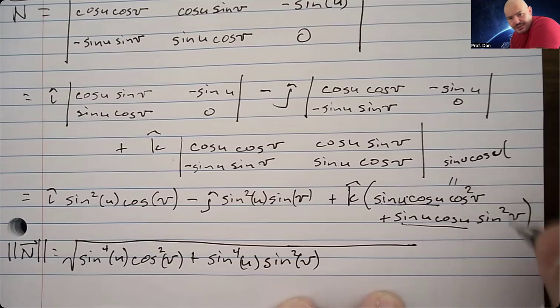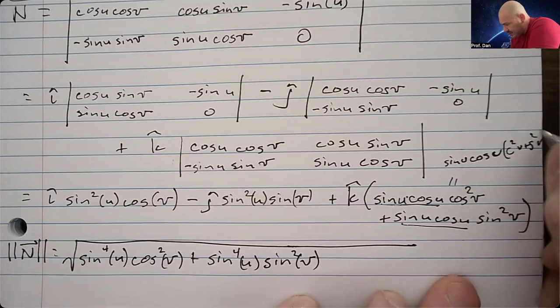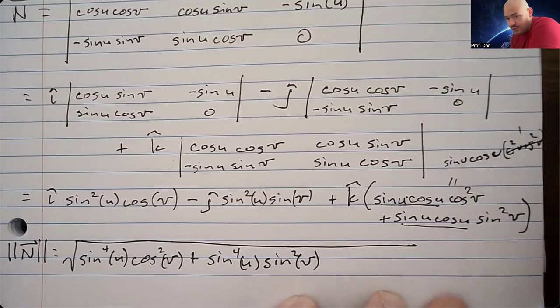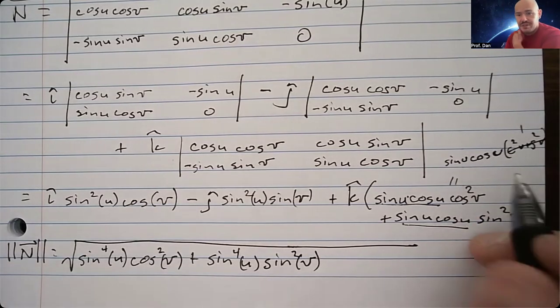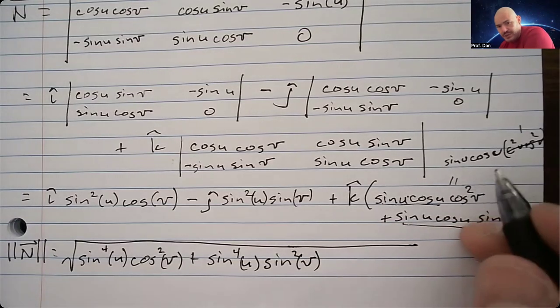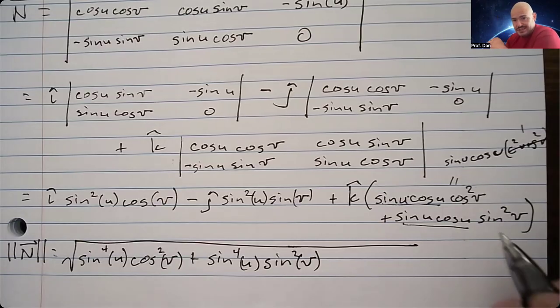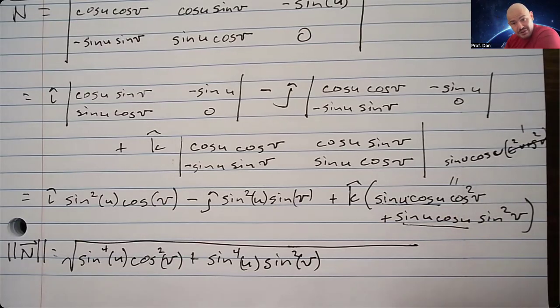I get cosine squared v plus sine squared v. We know that that's going to be 1 because of our Pythagorean identity, which means that the k component of our normal vector can also be written as sine u, cosine u. Yes, you could rewrite this using a sine double angle formula, but I don't think that's going to help us very much here.